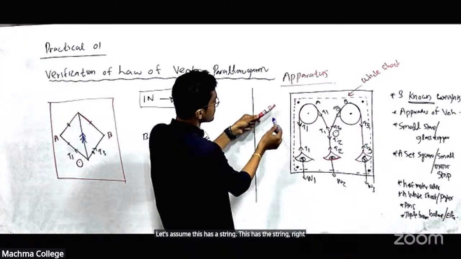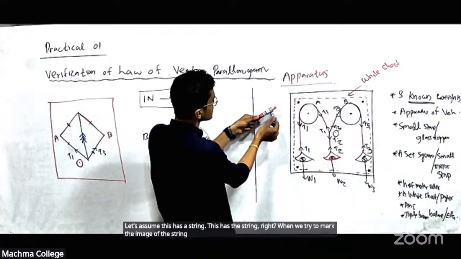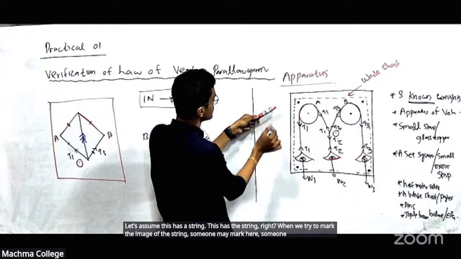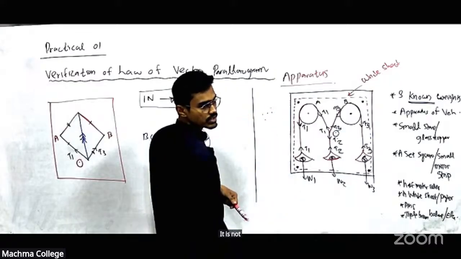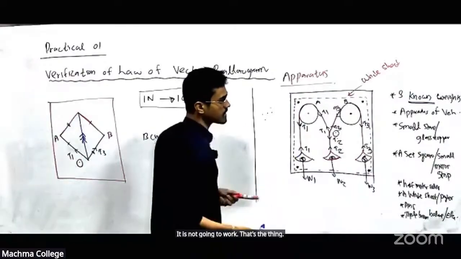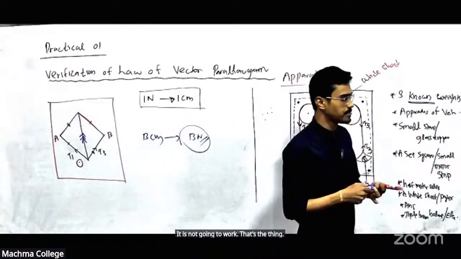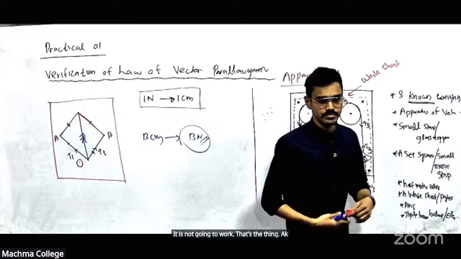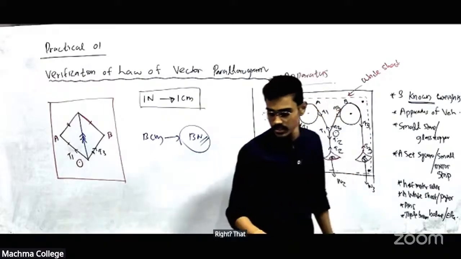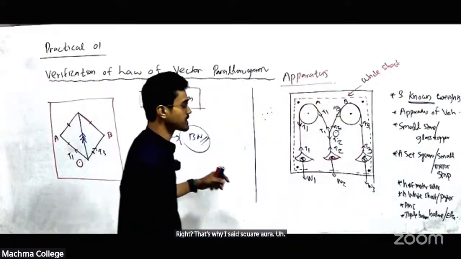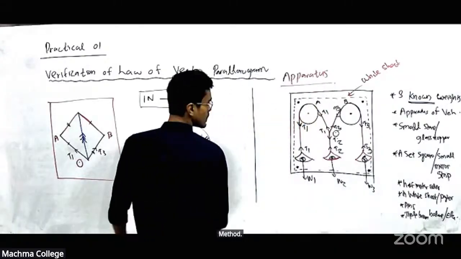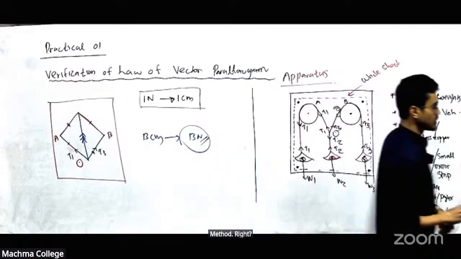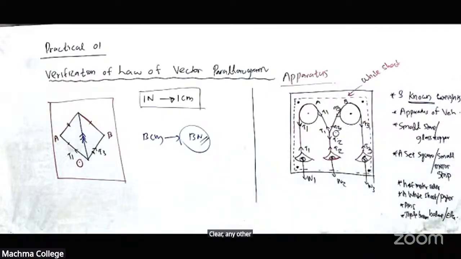When we try to mark the image of the string, someone may mark here, someone may mark here, someone may mark there. Right? It is not going to work. That's why a set square or a strip should be used. Mirror strip is the most accurate method, right? Clear? Any other questions?